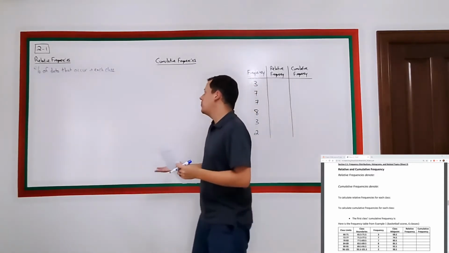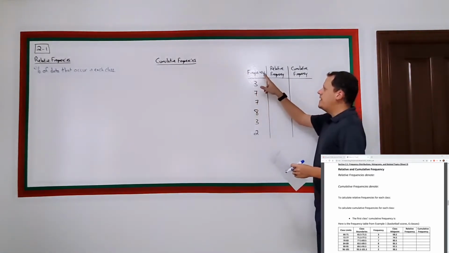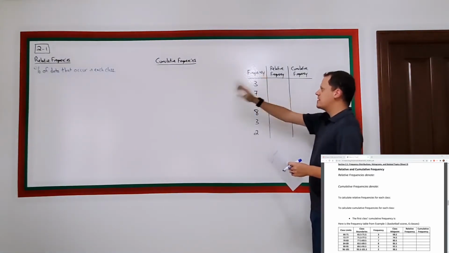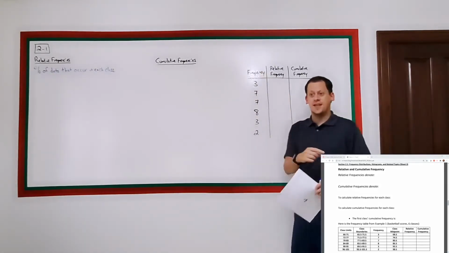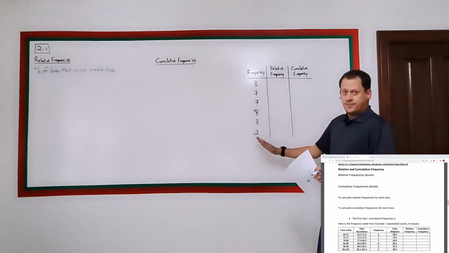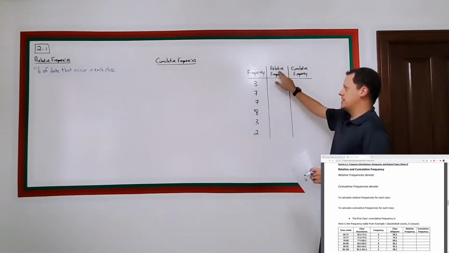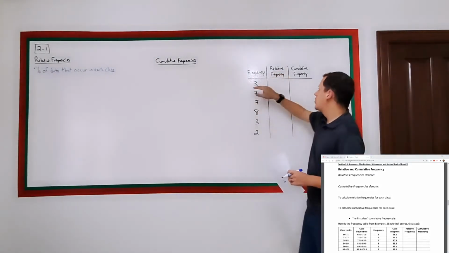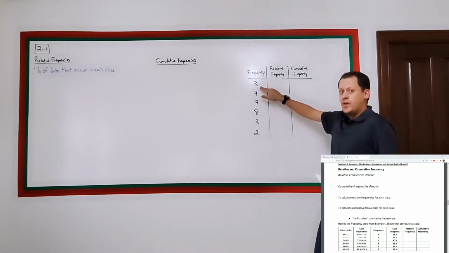So, for example, we need to calculate some things to get to this. We need to know, for example, for the data set that's in the table here, these are the frequencies. So, if we want to calculate the relative frequency, the percent of data that occurs in the first class that has a frequency of 3, we need to know some information.